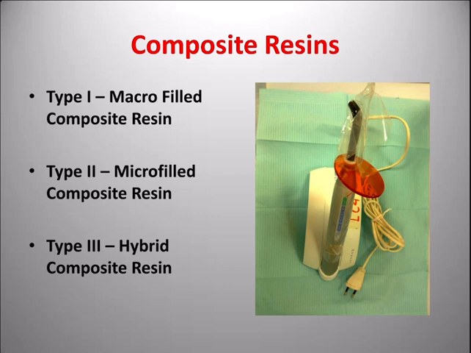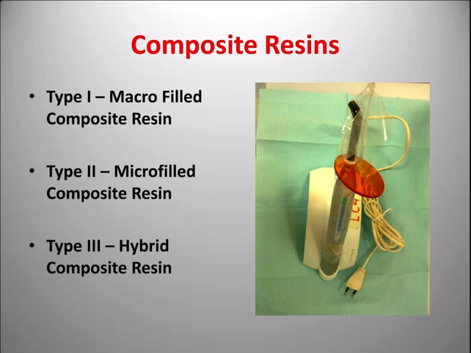Microfilled, whereas, has a very small filler particle size, 0.01 to 0.04 micrometer. It is used in areas where aesthetics is a concern, so for anterior tooth restorations you use microfilled composite resin. The drawback is that because of the small filler particle size, the strength is compromised. As a result, hybrid composite resin, having the properties of both, was introduced.